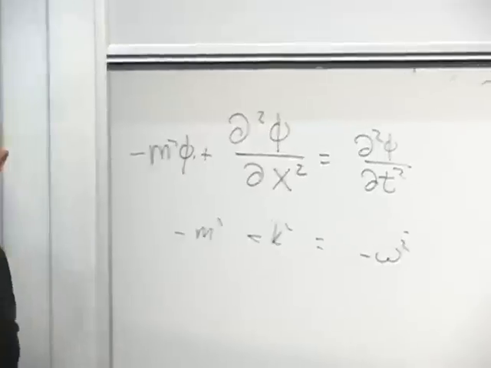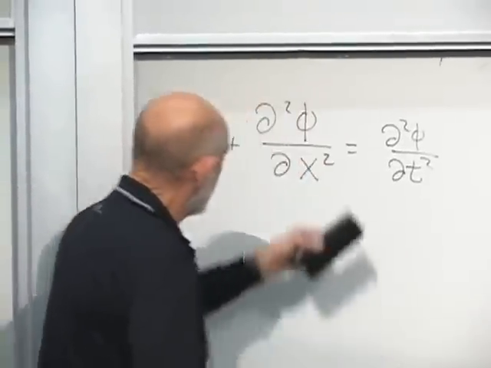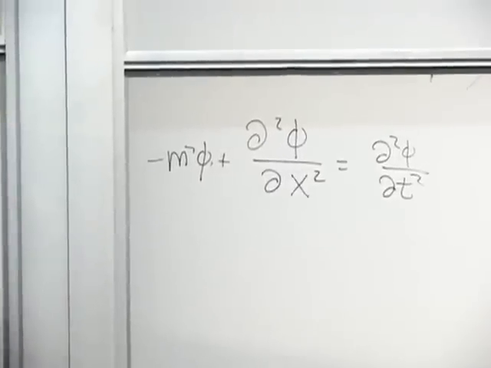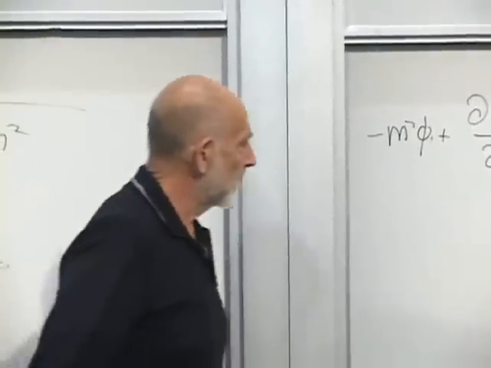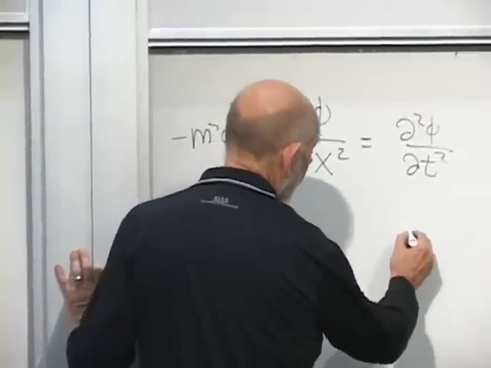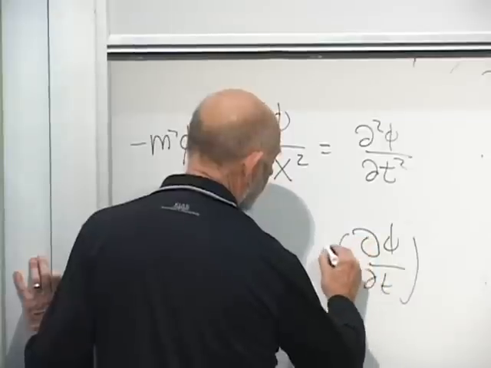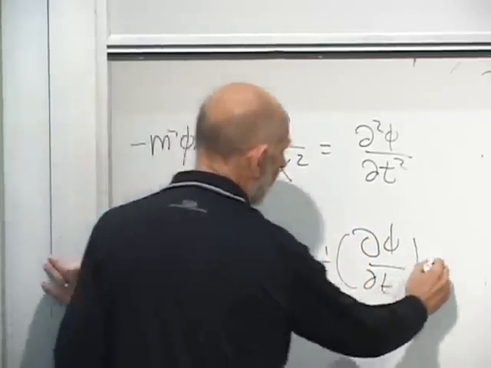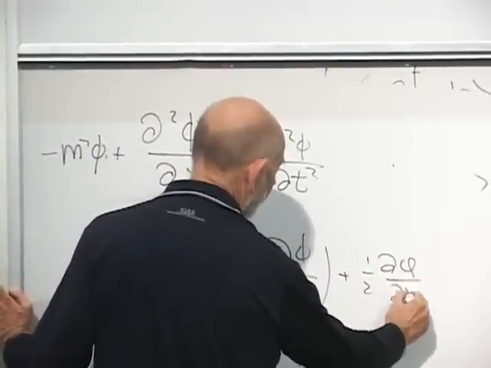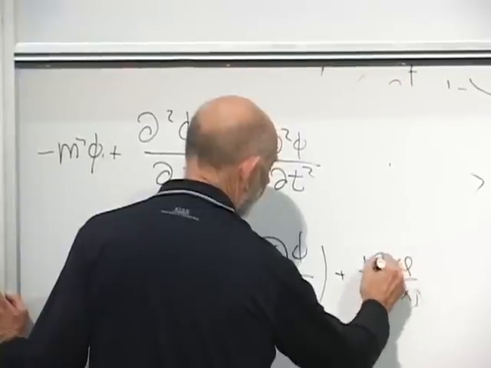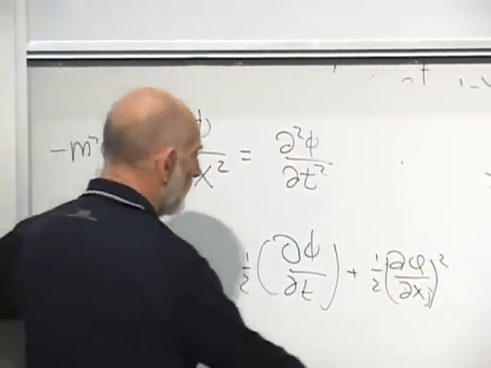So this is what you do. What does this correspond to in the energy? You remember what it corresponds to in the energy of the wave? The energy of the wave has 1/2 d phi by dt squared, plus d phi by dx squared, and this gives us plus m squared phi squared.